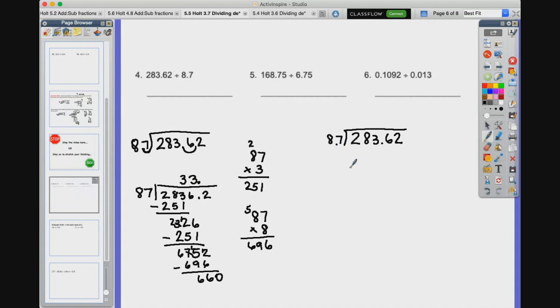So 283.62 divided by 8.7. All right, I know for sure that it, let's see, move out my decimal, then bring this one up because it's still in there.